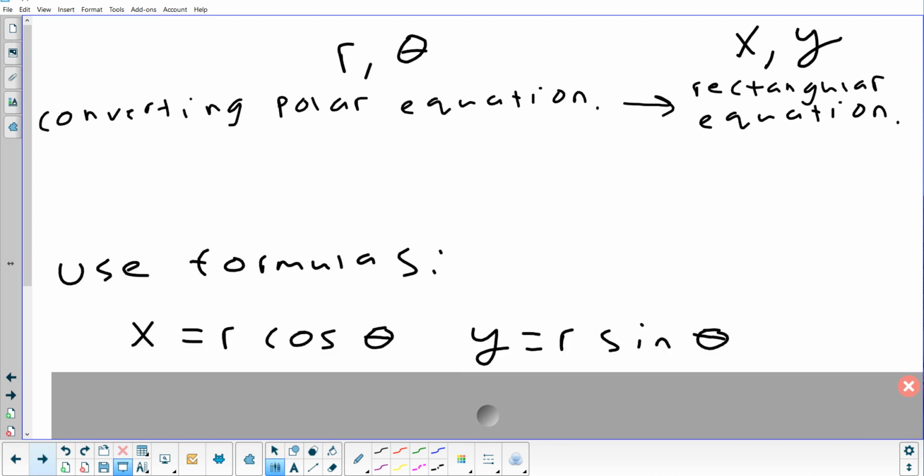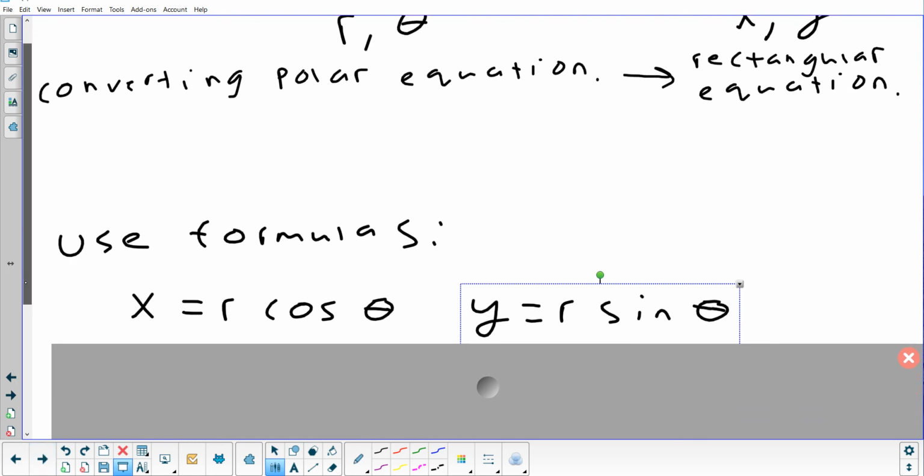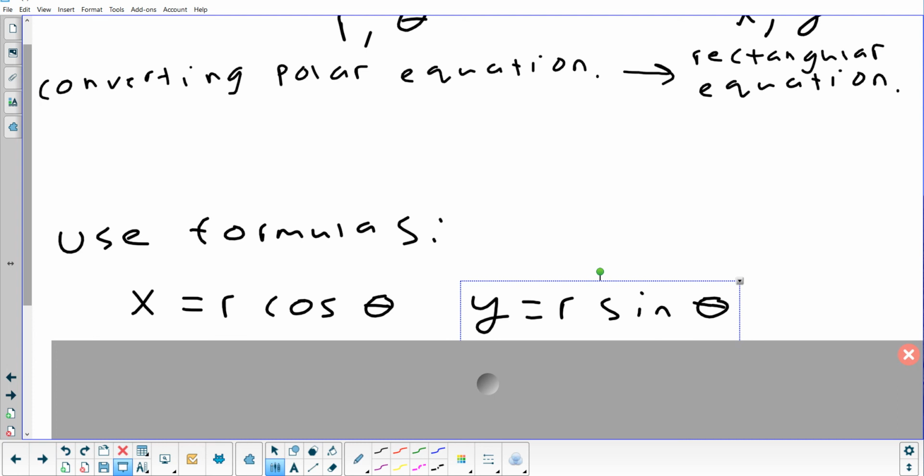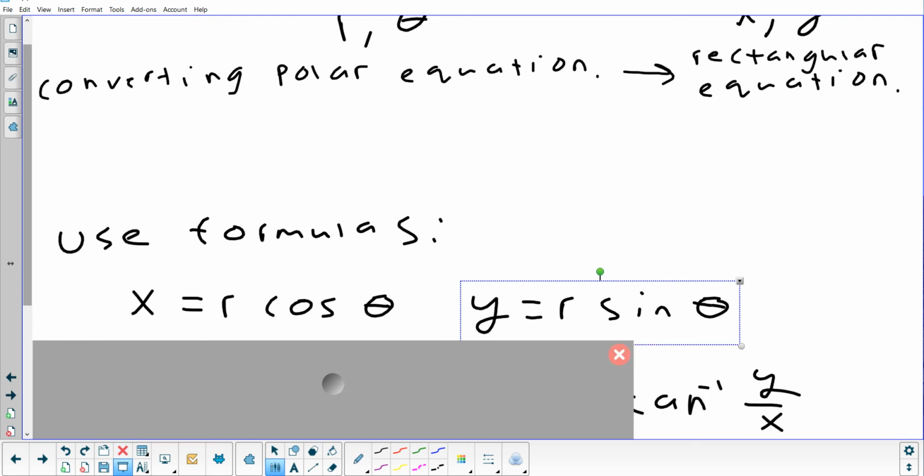These two formulas give you a connection between polar and rectangular. And then we had two other ones. The formula for the angle is inverse tangent of y over x.